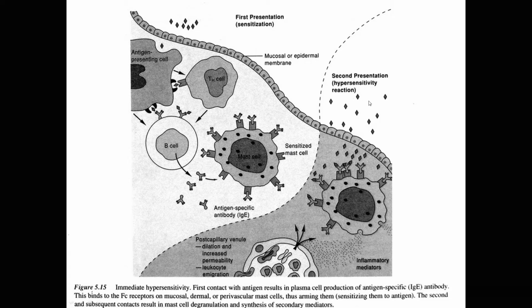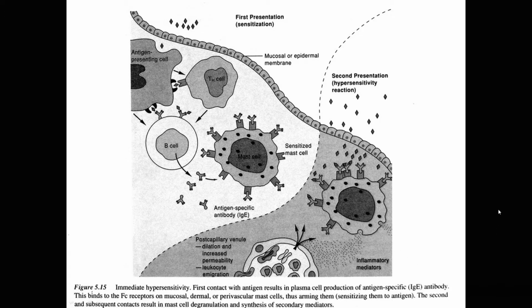The second presentation is already generating a hypersensitivity reaction. It results from the binding of the antigen to the antibodies fixed on the surface of the mast cell. Thus, the mast cell will be activated to release the content of the granules by degranulation outside the cells.